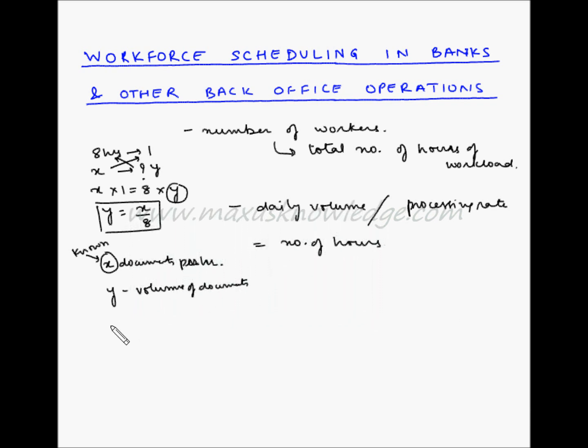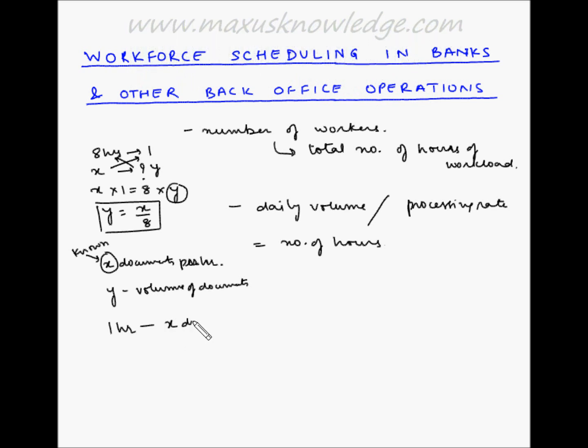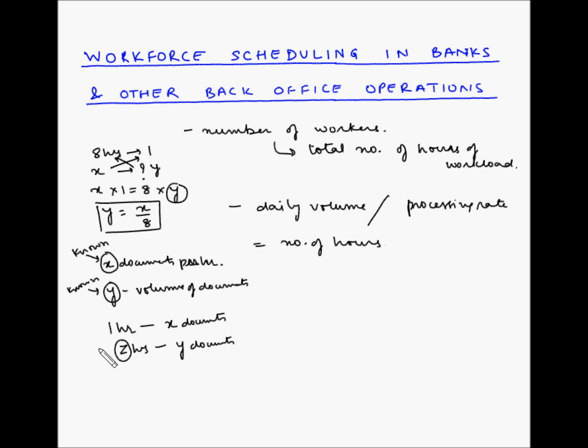So in 1 hour, a worker can process X documents. So in how many hours? Let's say Z is how many hours will we process Y documents. So here Y is also known and Z is unknown.